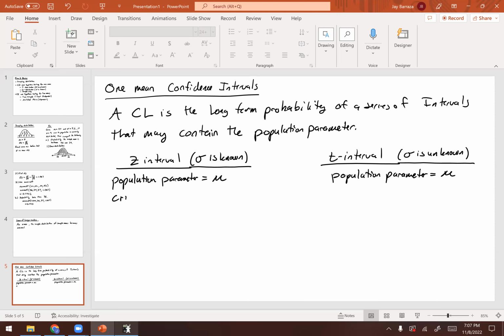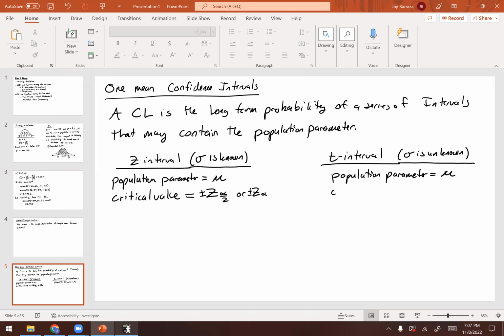The critical value, well, that's going to be equal to Z alpha over 2 or Z alpha, right? So it depends on if you're doing a two-tail versus a one-tail, okay?